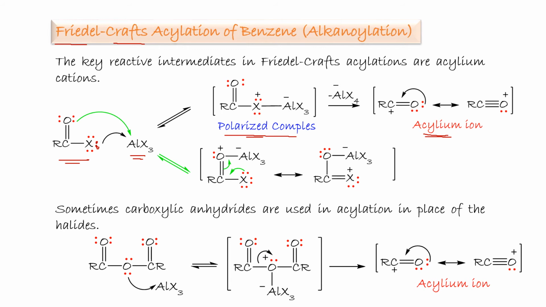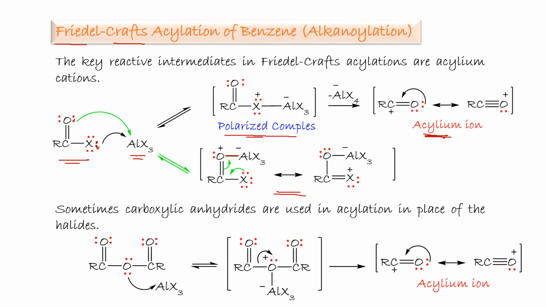Another possibility is that the lone pair of oxygen will form a complex which is more stable than the upper one via resonance, right? But there is an equilibrium, and the equilibrium will shift to the acylium ion at the end, according to Le Chatelier's principle, as we are going to consume the acylium ion in the reaction.